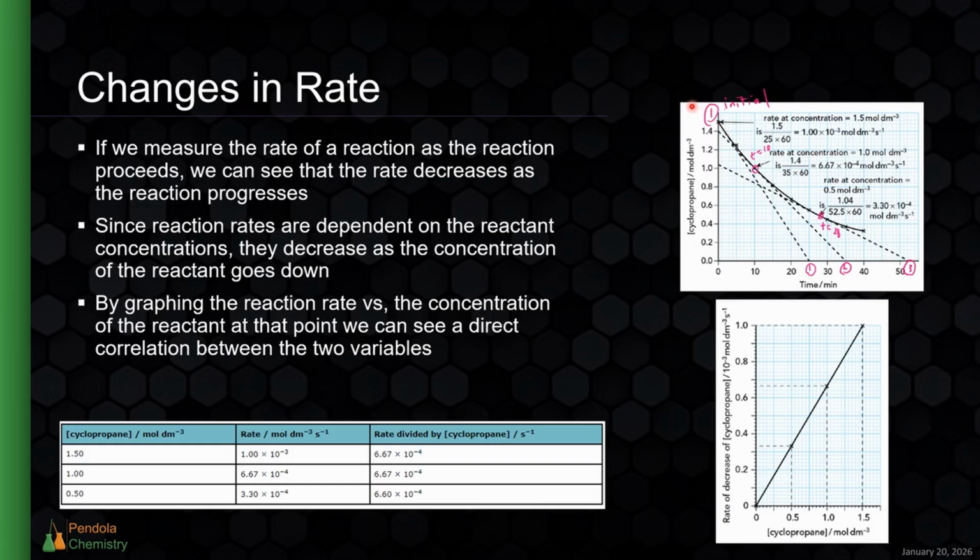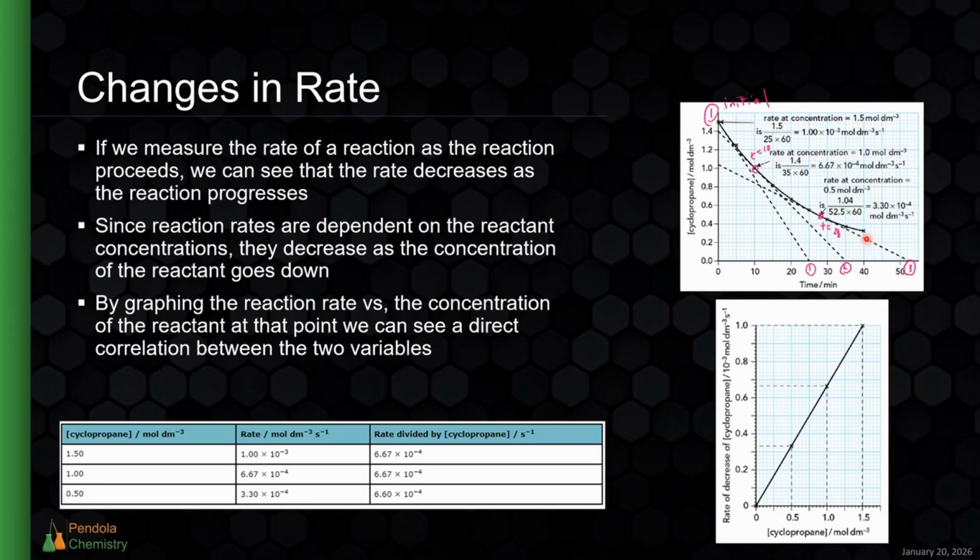as the reaction proceeds. That's because the rate of a reaction is going to be dependent on the reactant concentration. And as the reaction goes on, the concentration of the reactant, as we can physically see on this graph, decreases. The cyclopropane is our reactant, and we can see in this graph, the non-dashed graph, that the reactant concentration goes down and down and down.